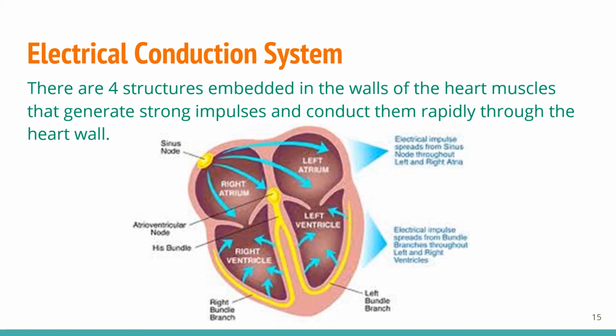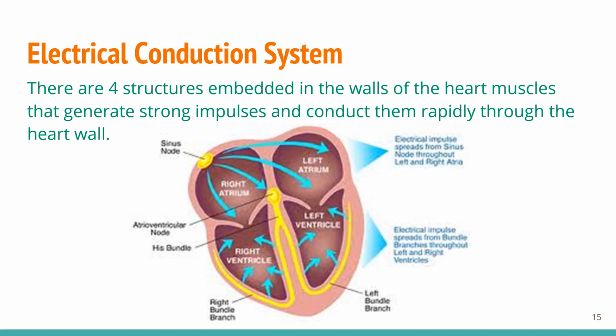Then it travels to the AV node, the atrioventricular node, kind of between both, in the septum area. Then it travels down the bundle of His, which is kind of where it's joined there. The electrical impulse spreads from the bundle of His to the left and the right bundle branches, and from the bundle branches through the right and left ventricles.